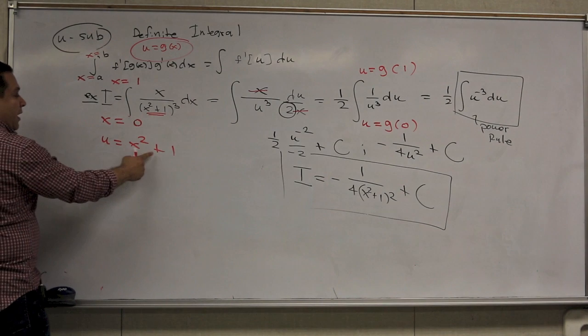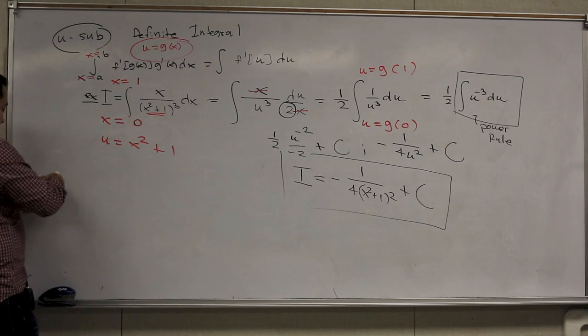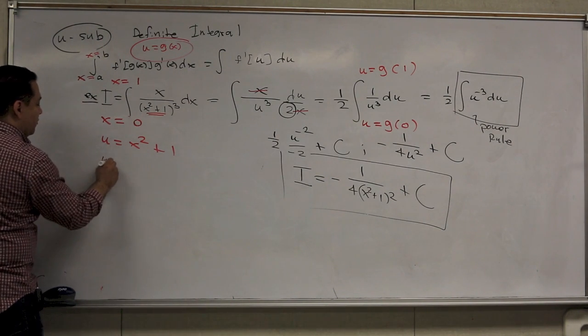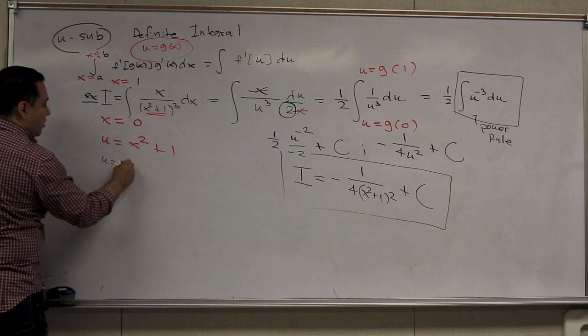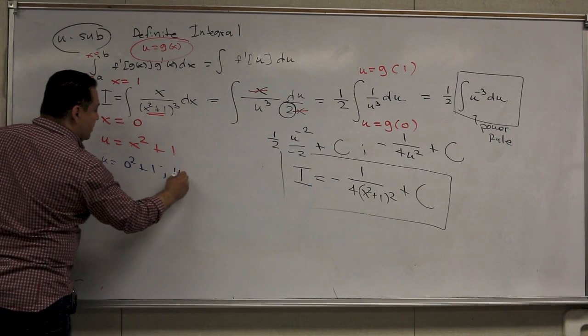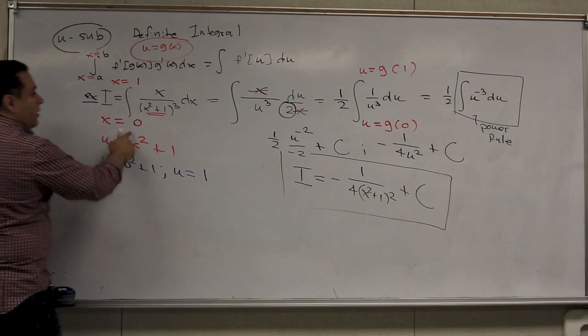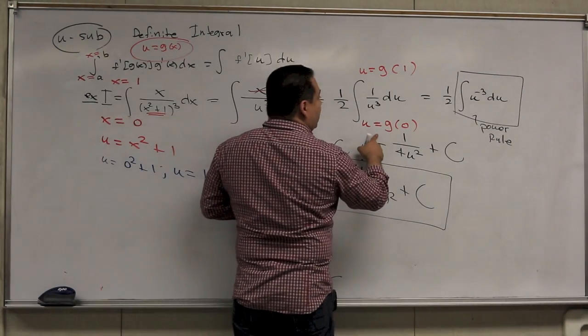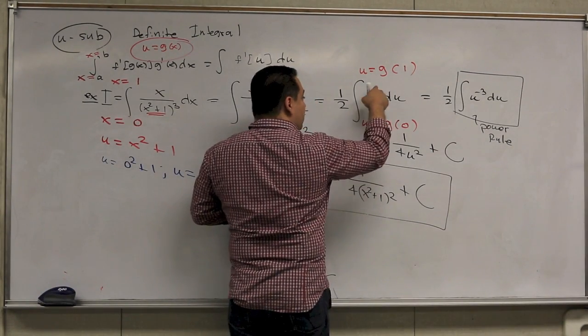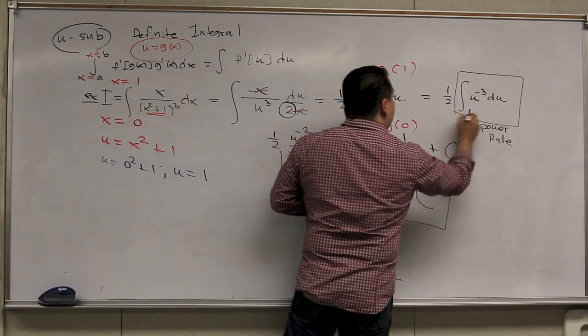So if this is my g, and I say x is 0, right? What do we replace this with? This is 0 squared plus 1. Do you guys know what that means? That the lower limit for x is 0, over here will be the value what? 1. So I can put it here, or I can put it where? There.